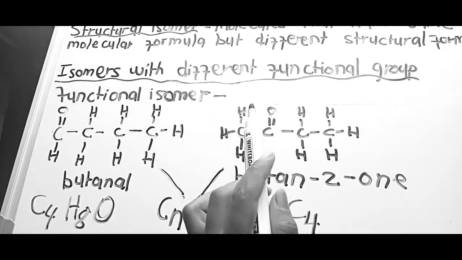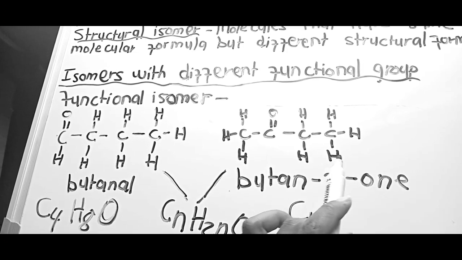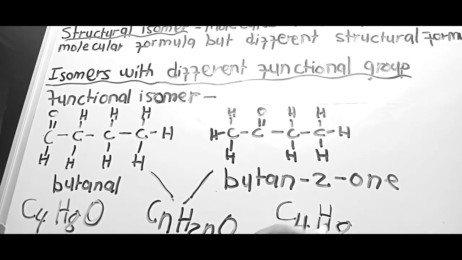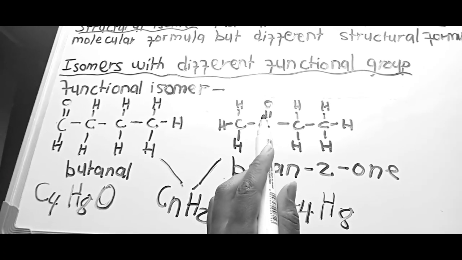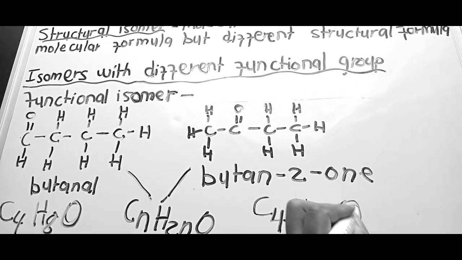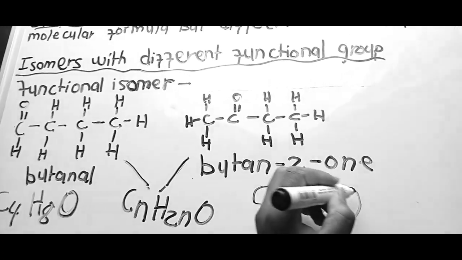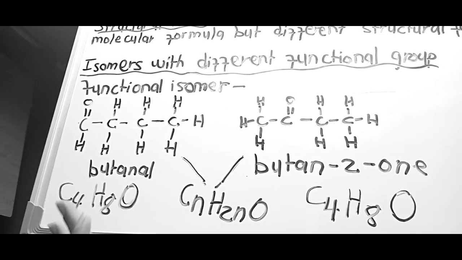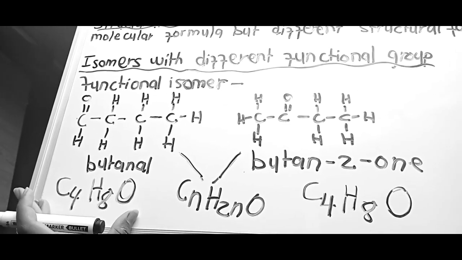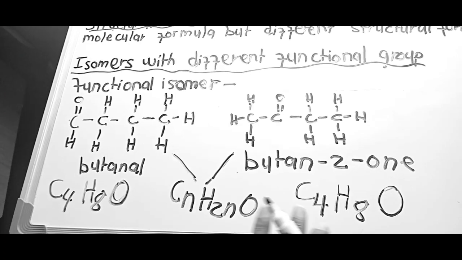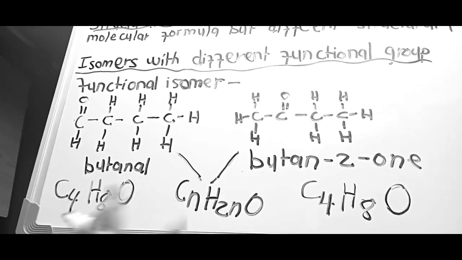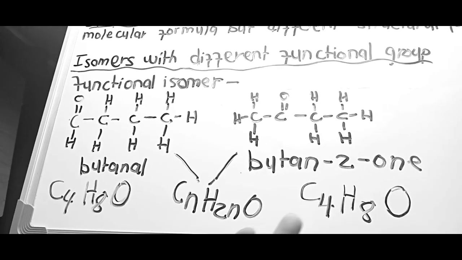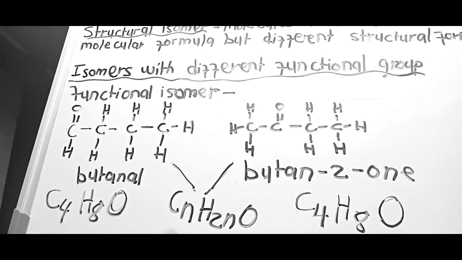And then how many hydrogens? 1, 2, 3, 4, 5, 6, 7, 8. H8, and 1 oxygen, right? So there's an imaginary one here. They both have the same molecular formula, right? They both have 4 carbons, 8 hydrogens, I beg your pardon, and 1 oxygen. They have the same general formula. So this is the relationship.